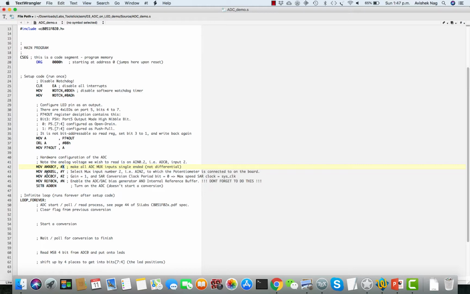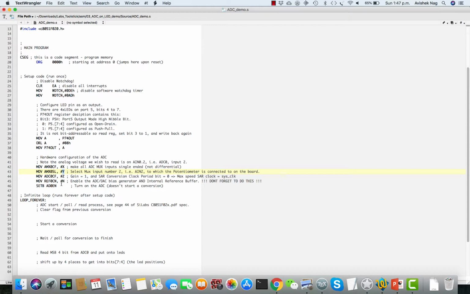You have to select AMX0SL, this value Y. You have to find out the value Y to select the mux input number 2, that is AIN2, to which the potentiometer is connected. You have to select the value of ADC0CF, this register, so that the gain is equal to 1 and the conversion clock is equal to the system clock. So you have to set the value Z accordingly.